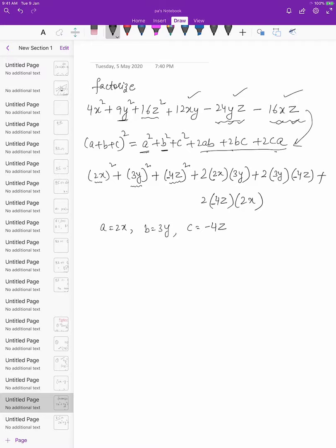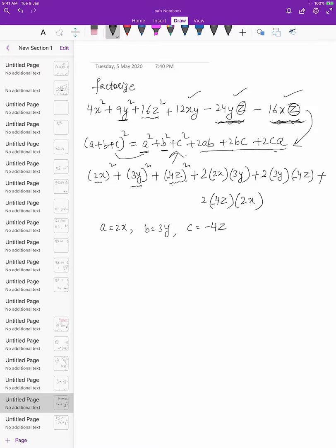Then see which two terms are having negative sign and look for the common variable. It means the term containing z should be negative, which is this term. So 4z, wherever you find 4z, you put a negative sign. So it means the entire given expression is in this format: a square + b square + c square + 2ab + 2bc + 2ca.